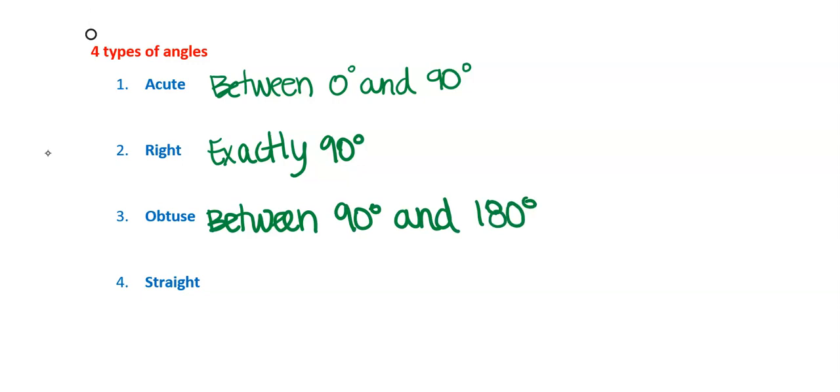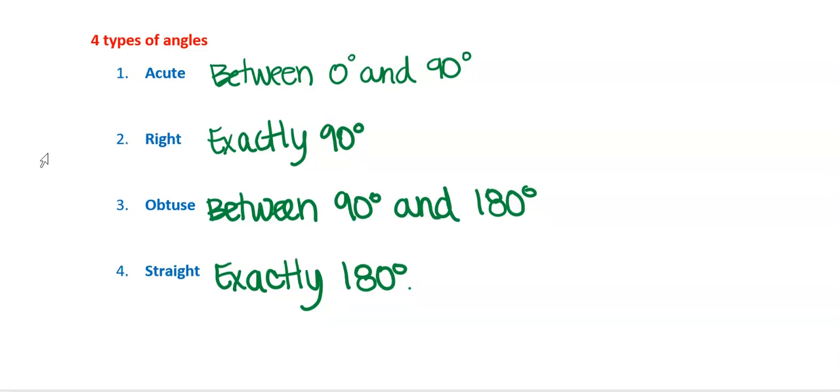It can't be 90 because 90 is a right angle, and it can't be 180 because that's something else. A straight angle is exactly 180 degrees. Make sure that you know all those. You shouldn't need a picture of those, but if you need one, you can draw one into your notes if you'd like.